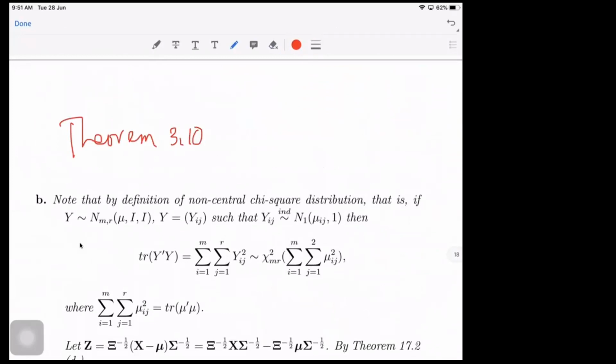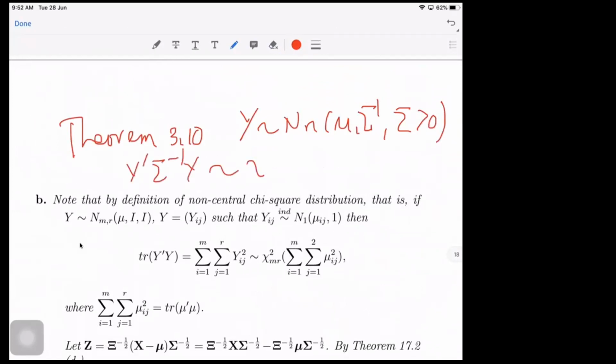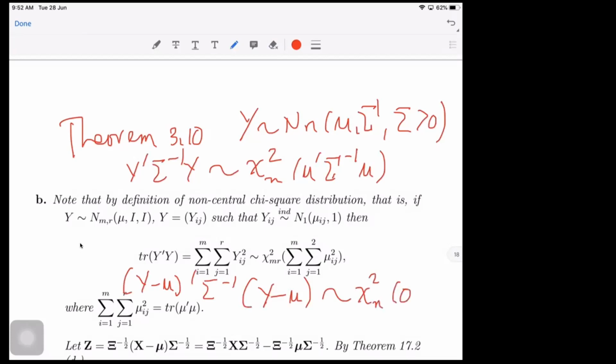3.10, wherein you have y normal with mean mu and sigma greater than 0, univariate case. The transformation y prime sigma inverse y is chi-square with non-centrality mu prime sigma inverse mu. And the transformation y minus mu prime sigma inverse y minus mu is chi-square central. So we will use this result, except that we add a trace on it.